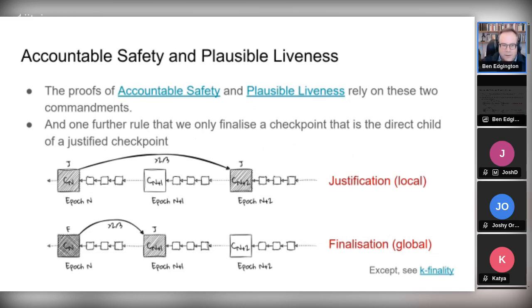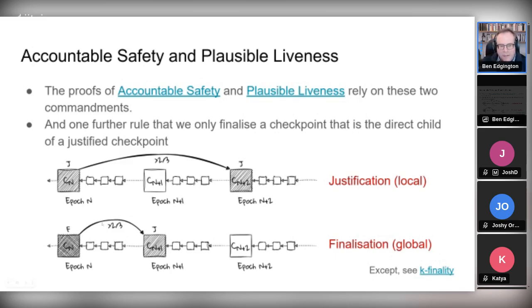So in the top diagram, the epoch n checkpoint is justified. We are in a position to justify epoch n plus 2 because we have a supermajority link from n to n plus 2. But the epoch n plus 2 checkpoint, we don't finalize in this circumstance. And if you work through the proof of accountable safety, you'll be able to see why. It just becomes glaringly obvious.